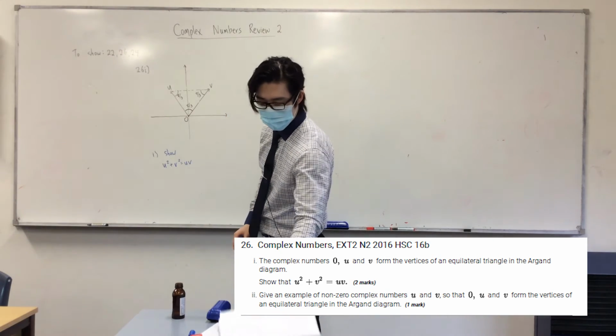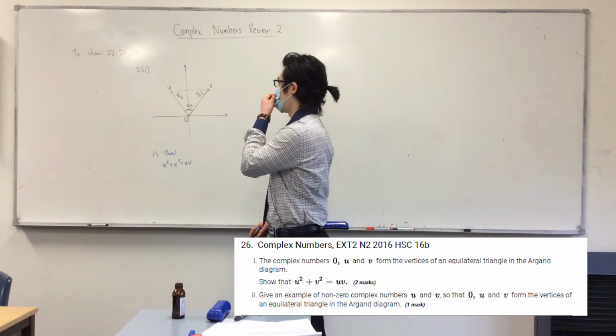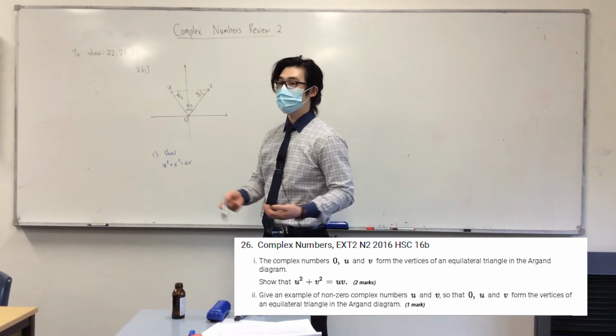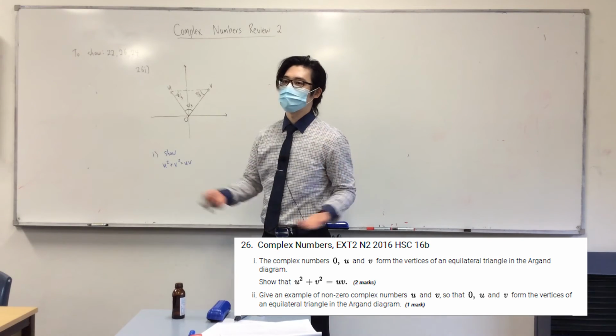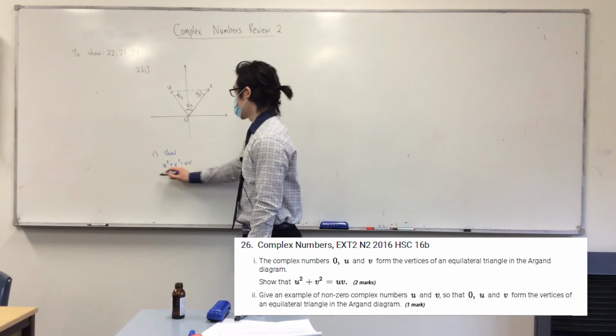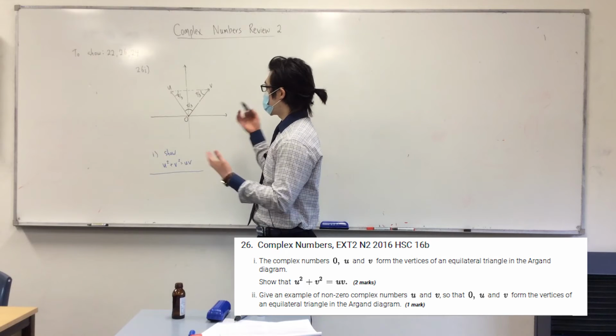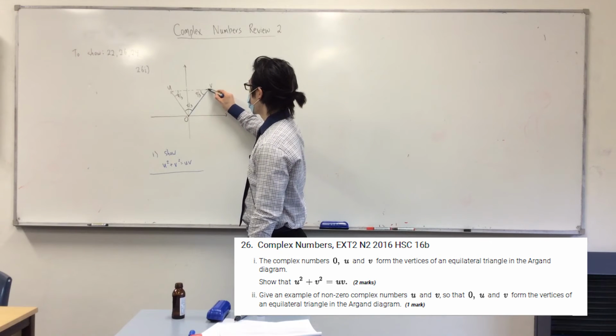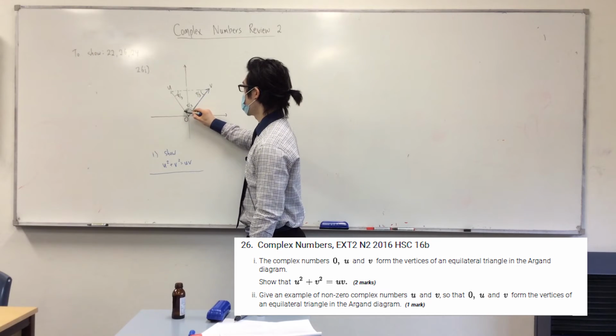So as you can see, they haven't assigned any complex numbers for U and V. So it's your job to let something equal to it. In order to do that, this is where the diagram comes in handy. How do I get from V to U?